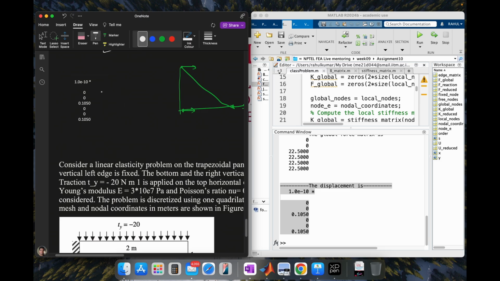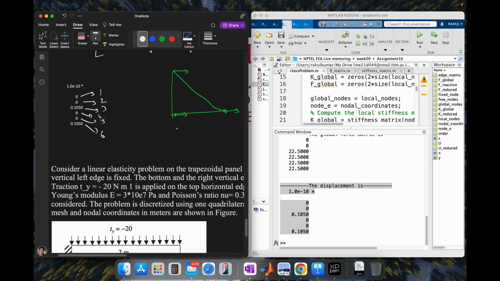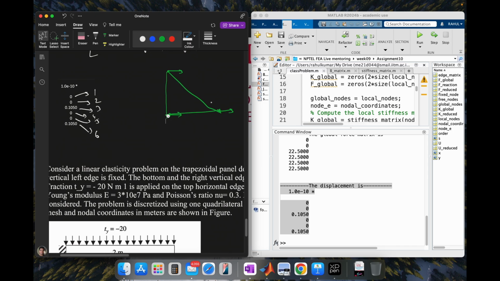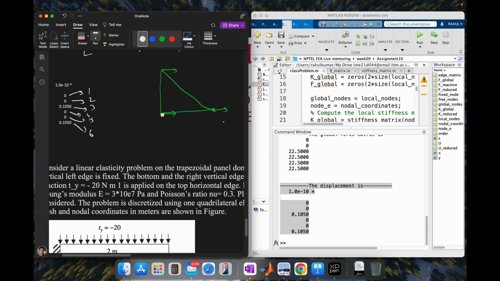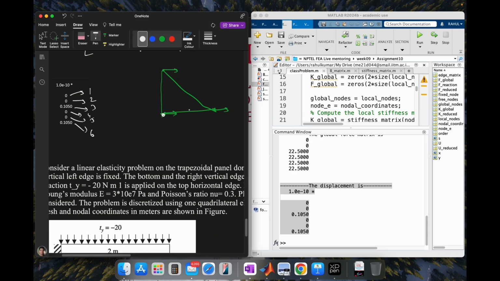So this is the displacement, which means that 1, 2, 3, 4, 5 and 6, which means that this will remain as it is. There is no motion for this node, this will move along x direction, and 4 there is no vertical motion, and here it will be a vertical motion. I mean this is all about that.